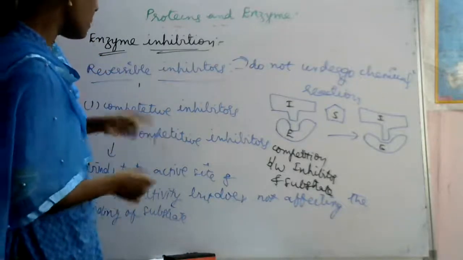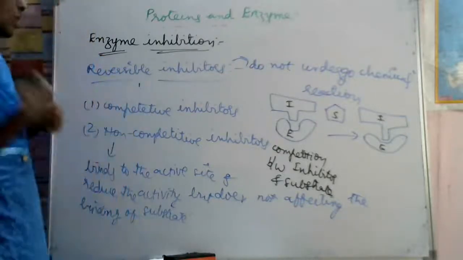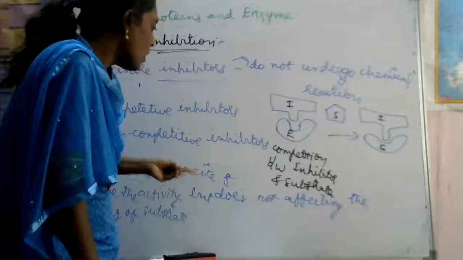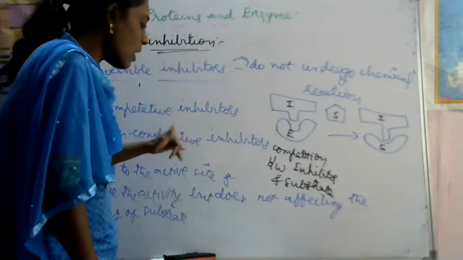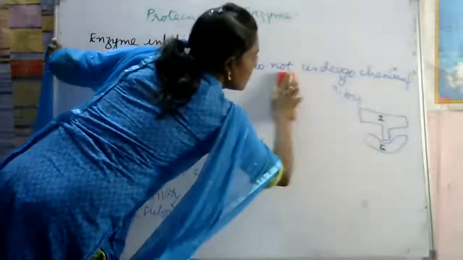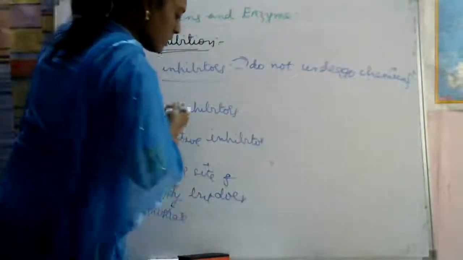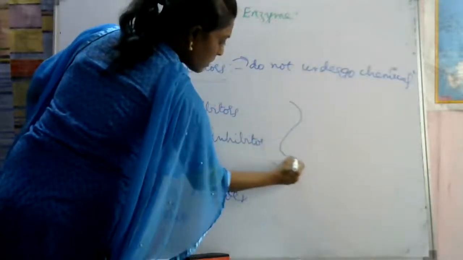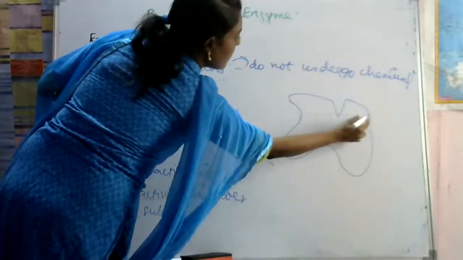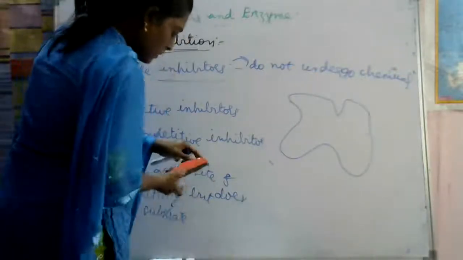In non-competitive inhibition, there is no effect of the substrate concentration. Even in the presence of substrate, this inhibitor inhibits the activity. For example, this is the enzyme and it has an active site.